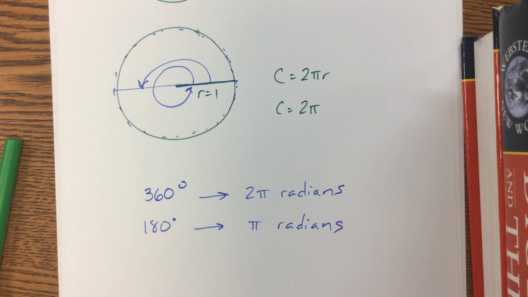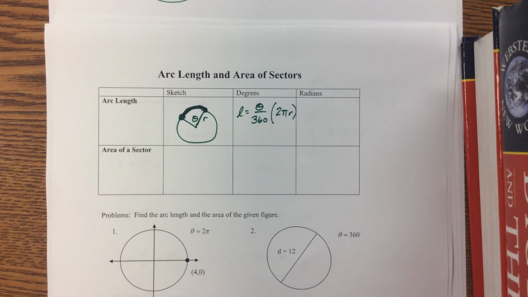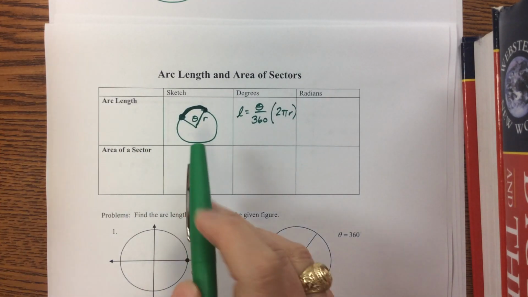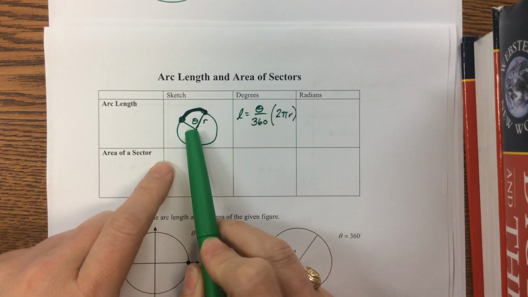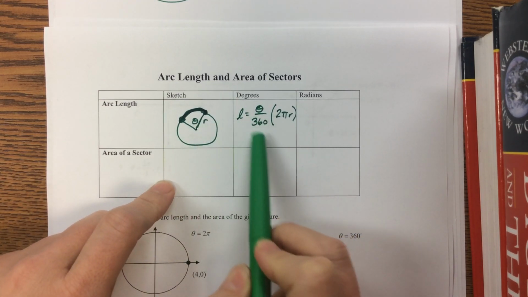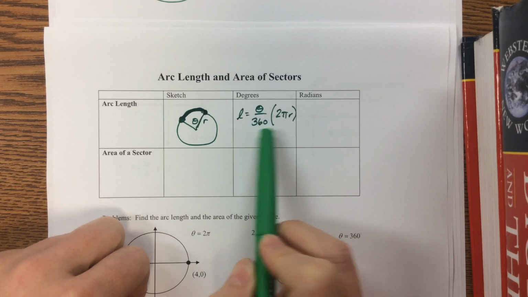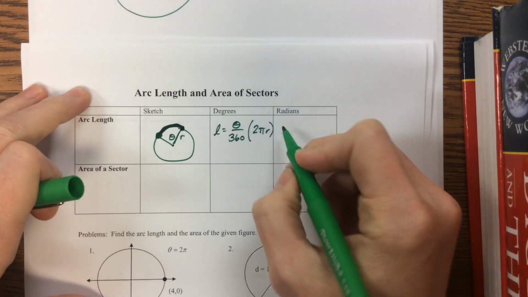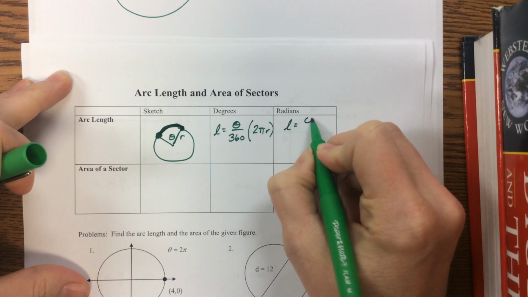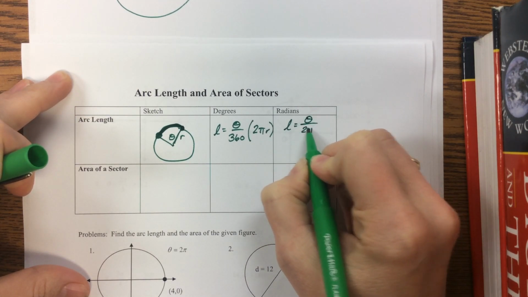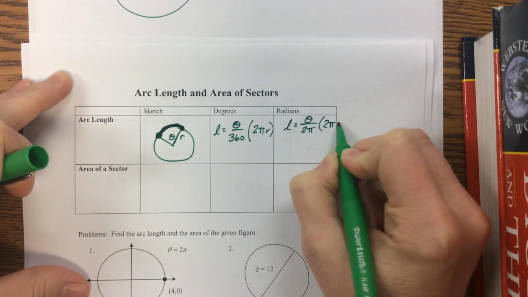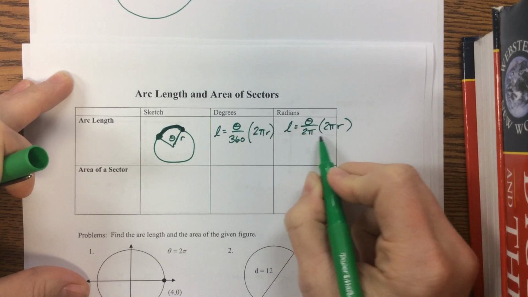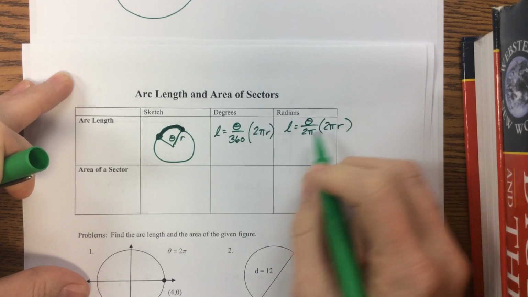So looking back over here, when I want to write the equation, theta is still valid, r is still valid, but instead of saying 360 degrees, we said that 360 degrees was equal to 2 pi. So if I look at this for radians, I have theta over 2 pi times 2 pi r.